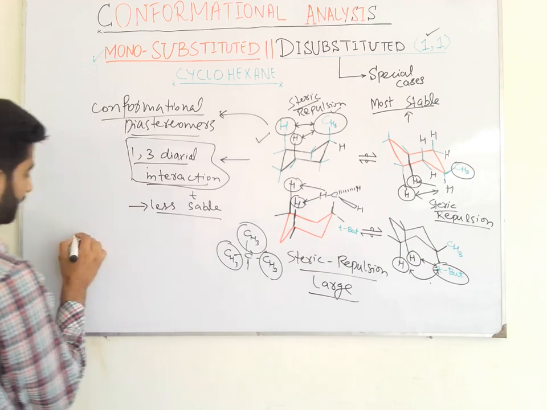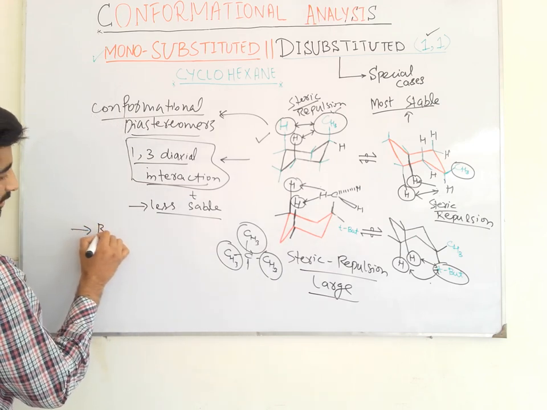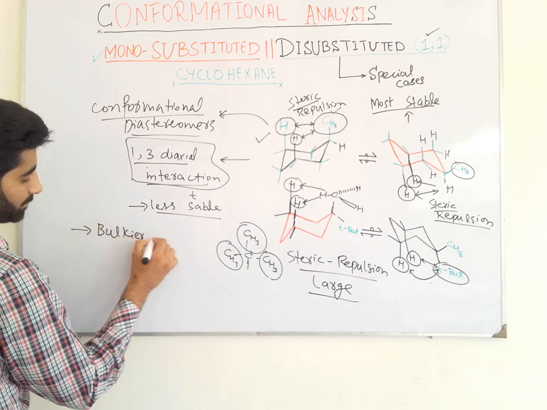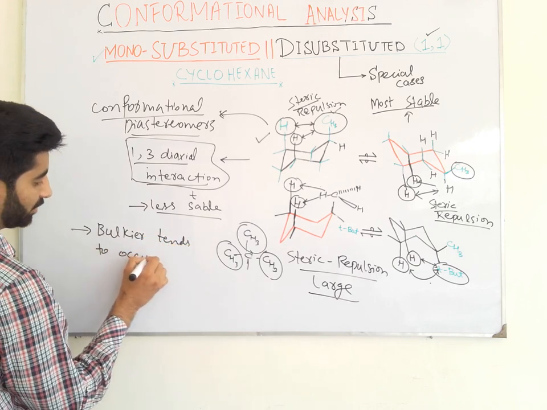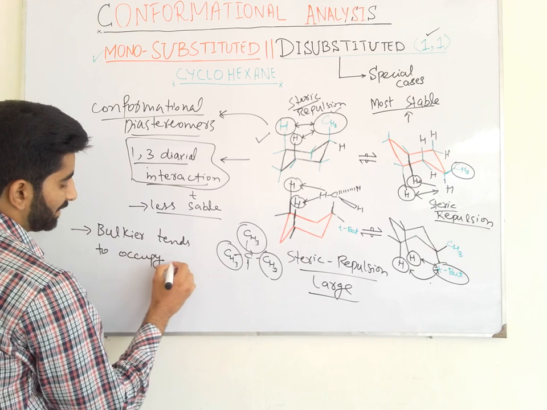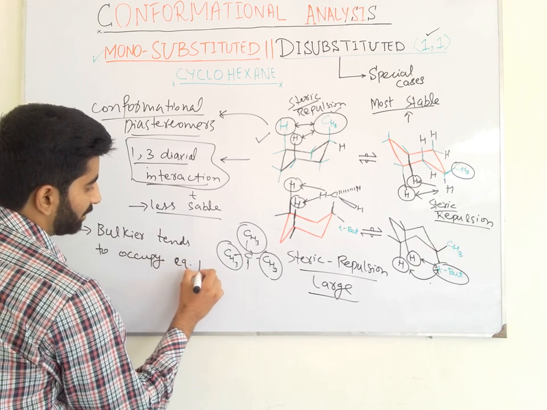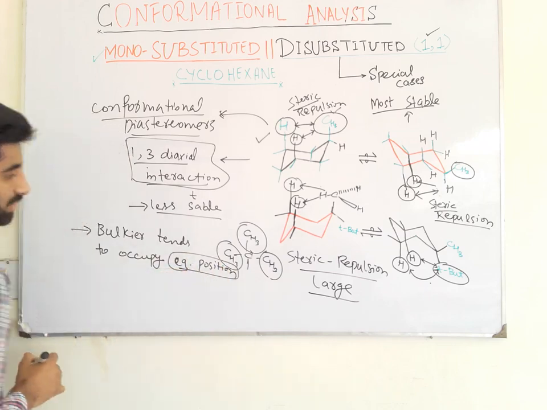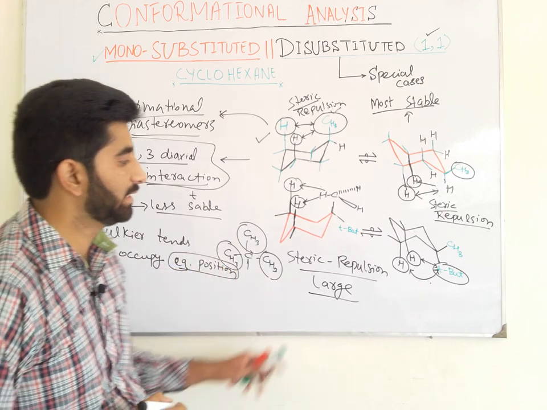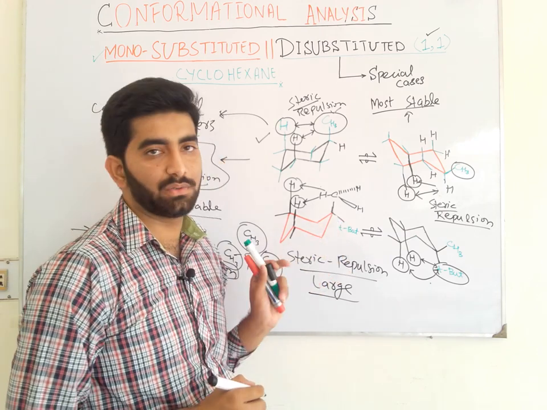So our bulkier group tends to occupy the equatorial position instead of the axial position due to the absence of 1,3-diaxial interaction when it is present at the equatorial position.